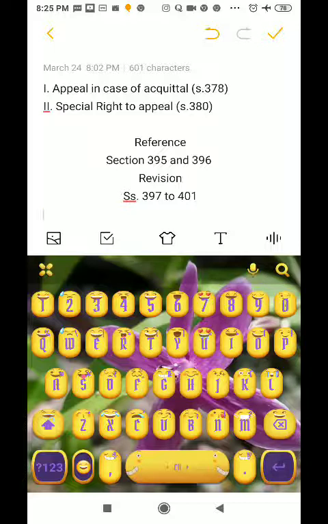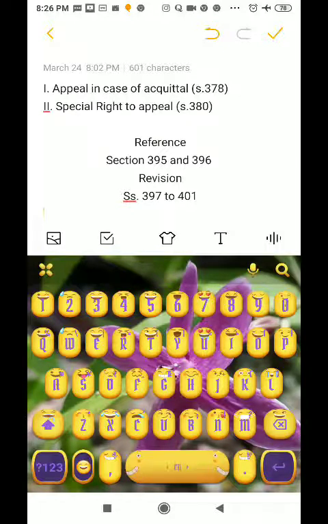Number two, if an application for revision is made by the aggrieved party, then the High Court may revise. And the third says that if any third person who is directly affected by the decision of the lower court files a revision case, then the High Court may revise the matter.